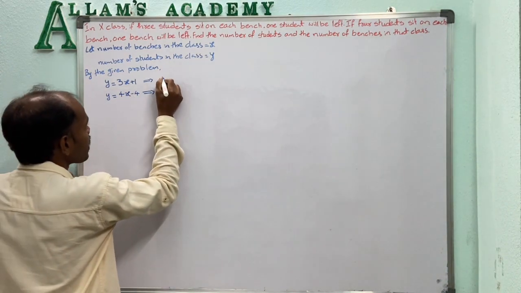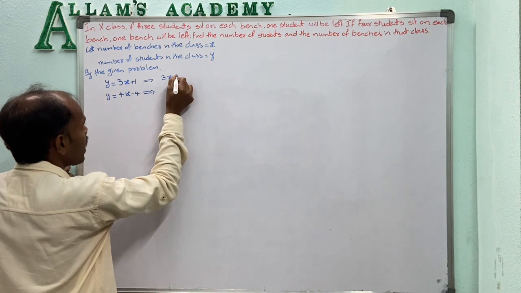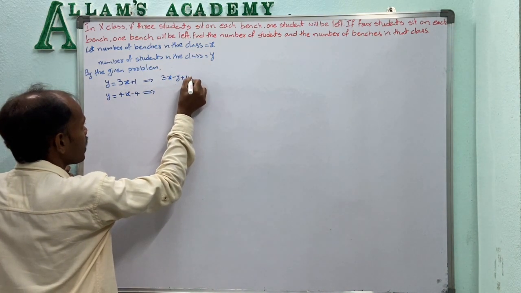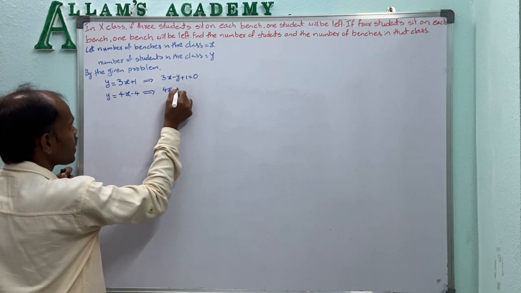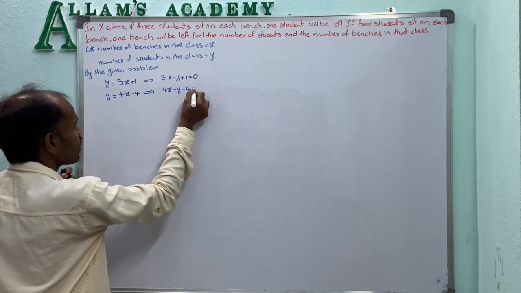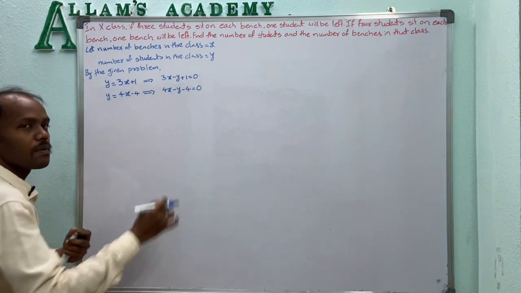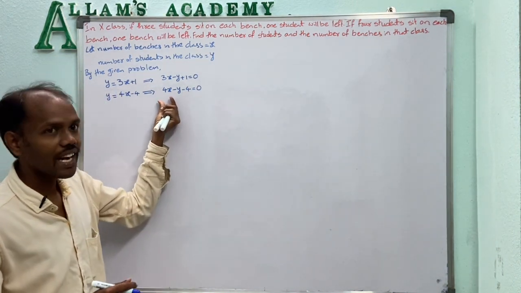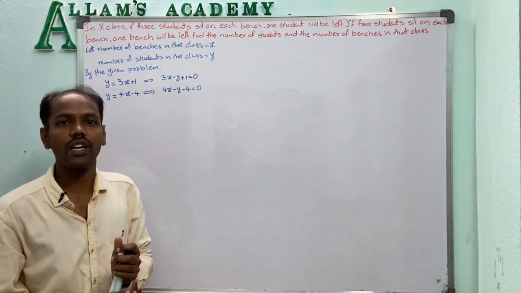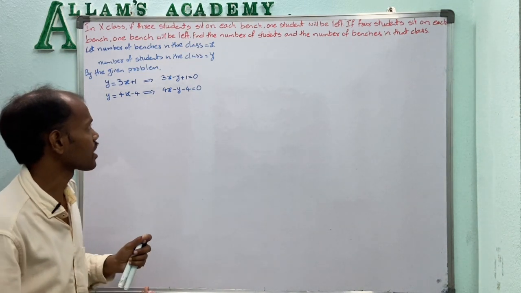Now this information will be written in general form. The first is 3x minus y plus 1 equal to 0. Now the second one, 4x minus y minus 4 equal to 0. Now for this pair of linear equations we check the ratios of x coefficients, y coefficients and the constant terms.